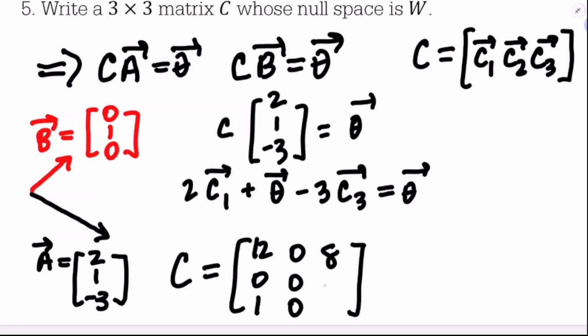I guess that would need to be also a 0 there. And then 2 minus 3 times 2/3, I think, would equal 0. Let me think about that. Yes, that's right. So that's another example of a C whose null space would be W.